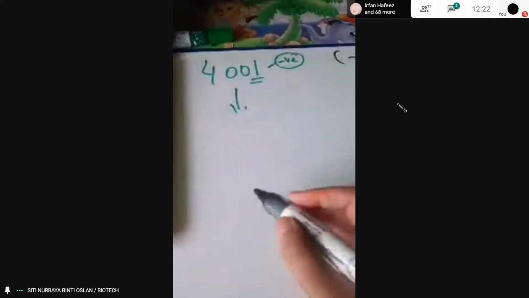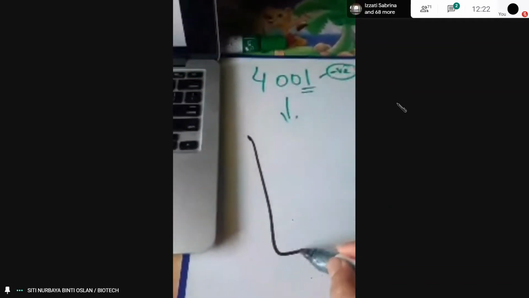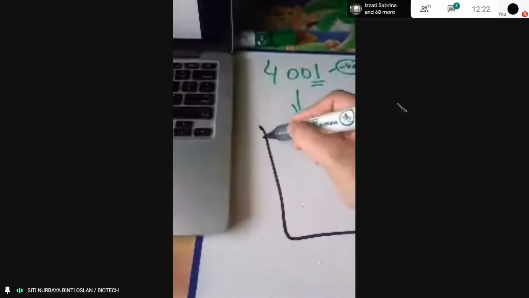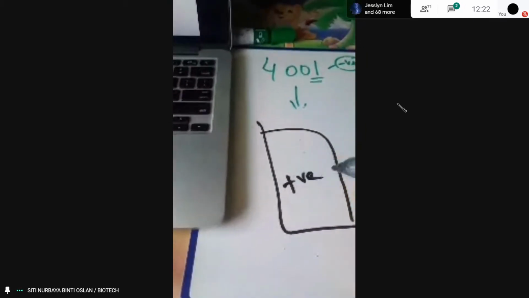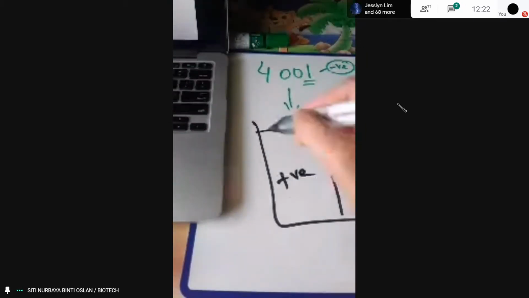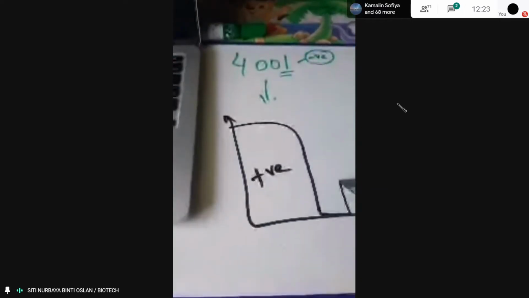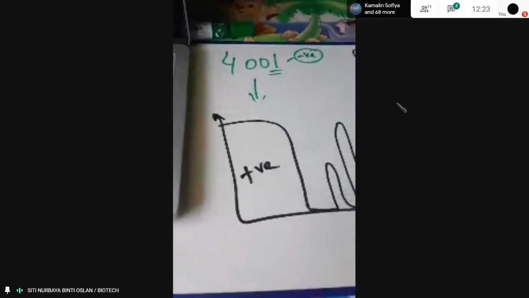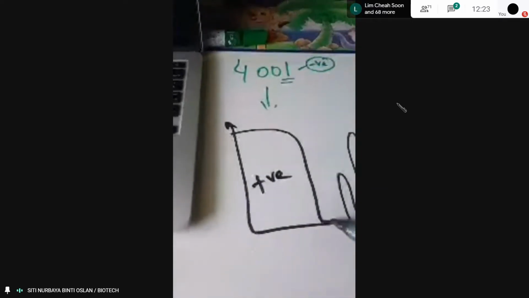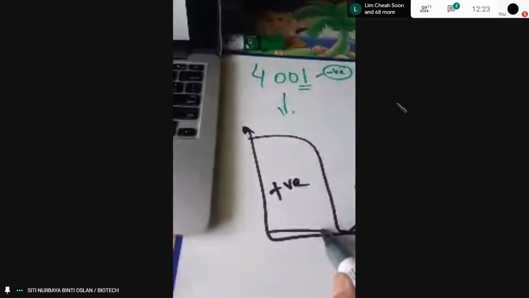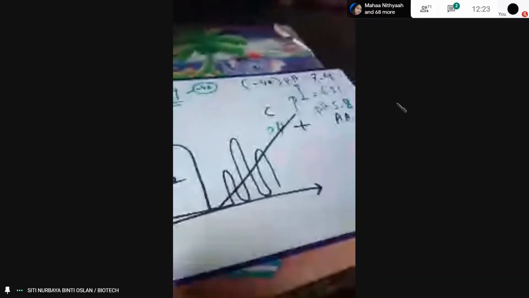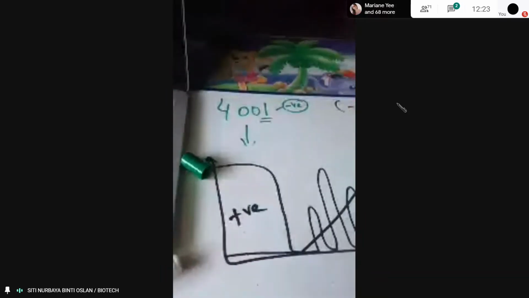Okay, so just now we know that the first eluted proteins are all positive. Towards the end we can have another peak, another peak, another peak, because we have this line, this salt line. This line represents the strength of the pH.